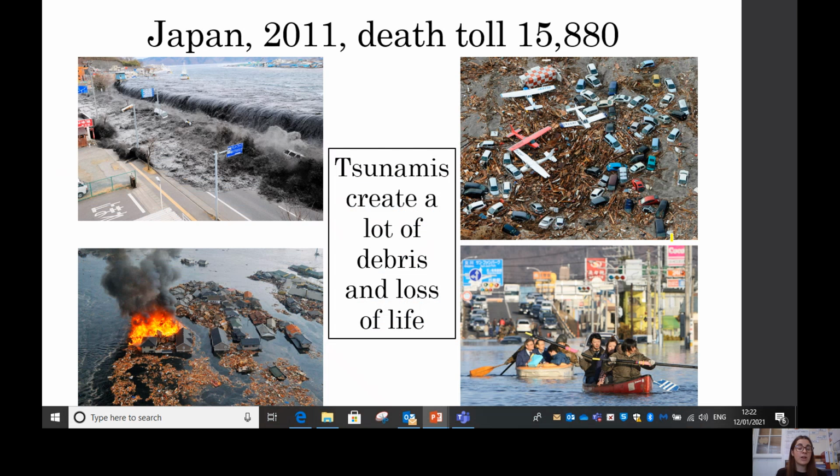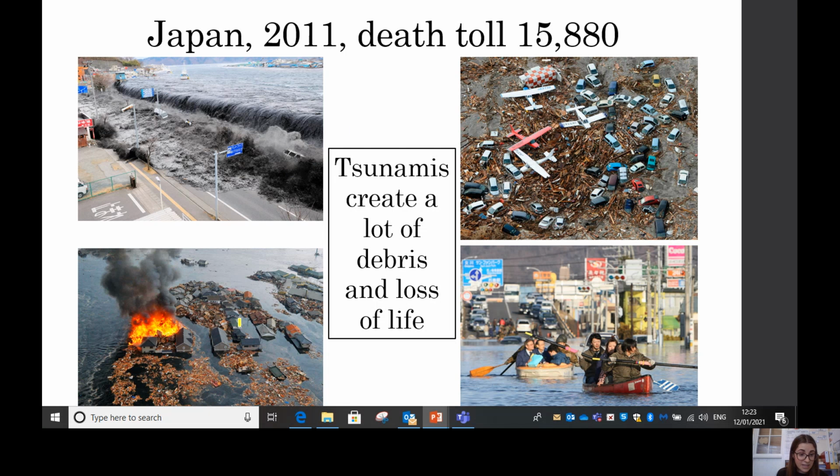We're just going to have again a look at the earthquake that happened in Japan in 2011. A tsunami can create a lot of loss of life and a lot of debris. Obviously, we can see in this picture it's so powerful, the amount of water that it manages to wash cars and even planes to different locations. We can see here in this picture part of the tsunami, with a giant wave rolling over, coming crashing into the city.